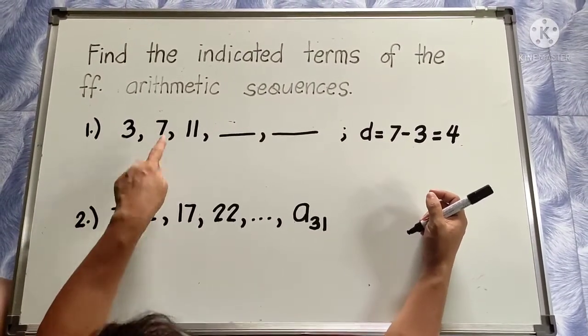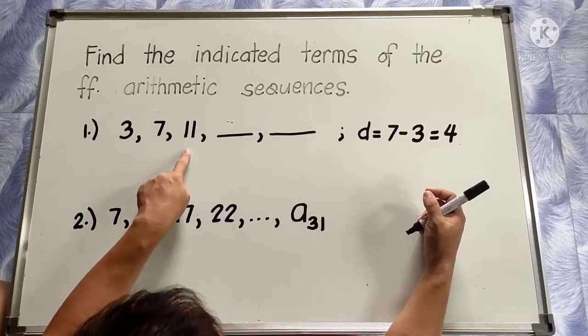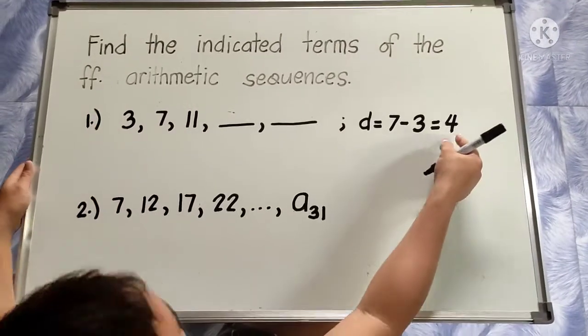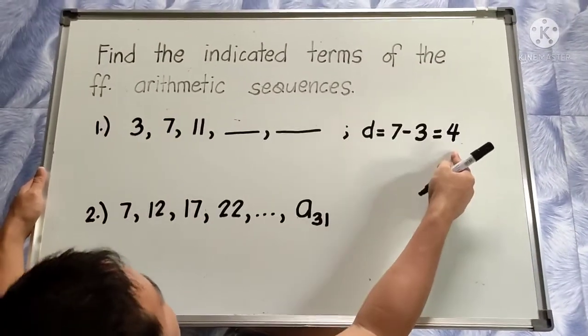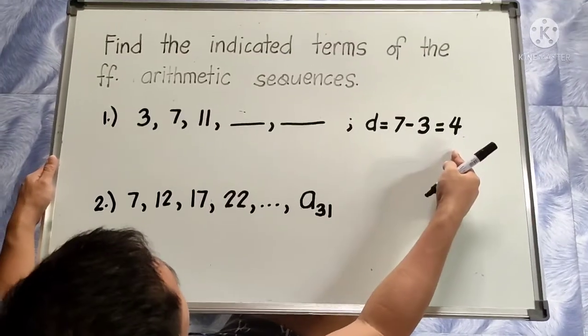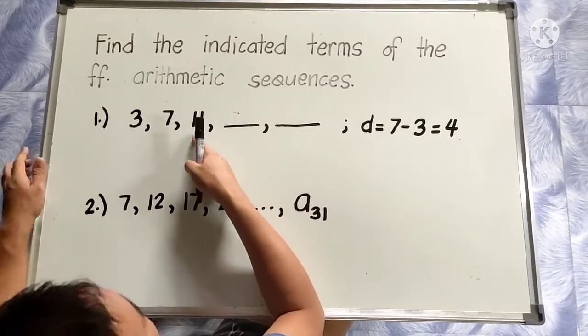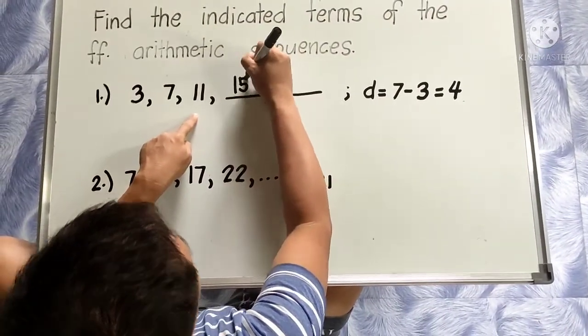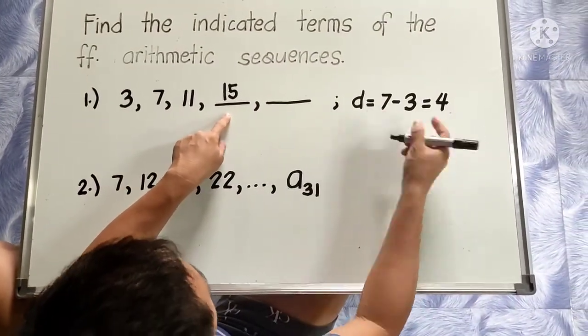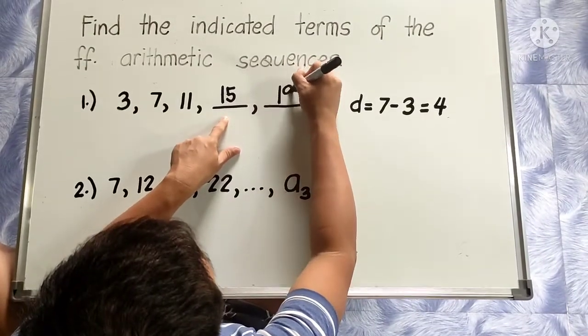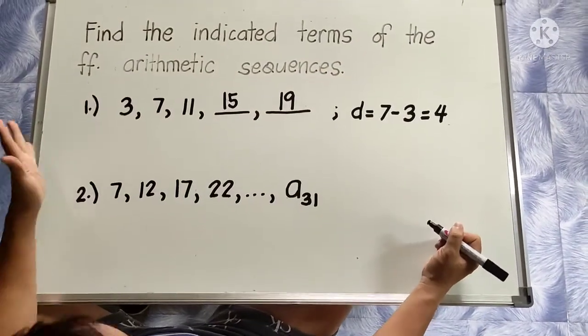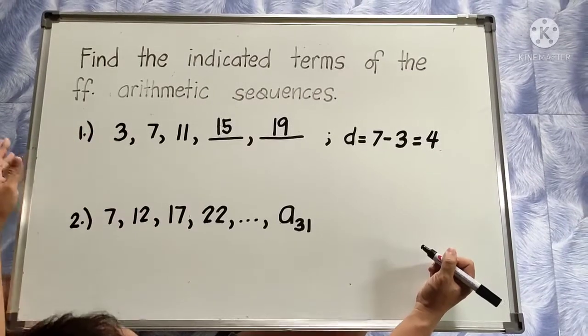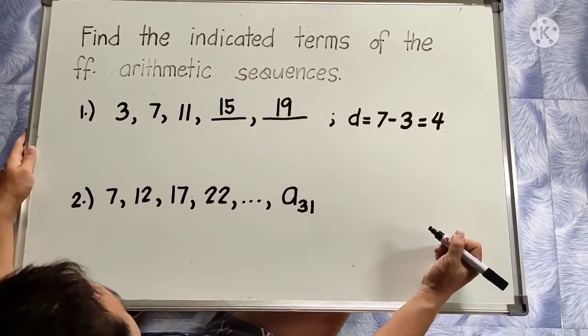So it should be 7 minus 3 or 11 minus 7. After that, you will add your common difference to the last known term. So 11 plus 4 is 15. Then 15 plus 4 is 19. Those are the missing terms for number 1.